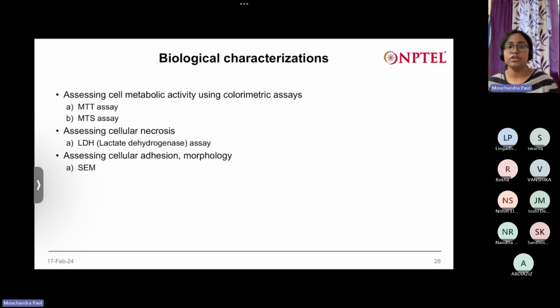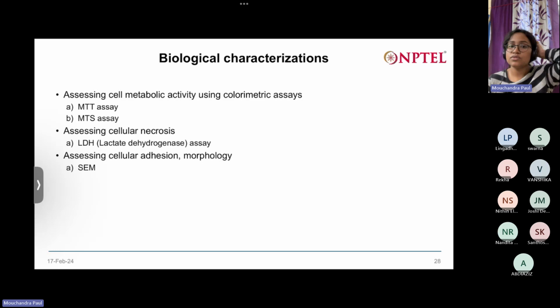So simply determining the metabolic activity of the cell gives us much more related information about the biocompatibility of a biomaterial. So how do we determine cell metabolic activity? We use colorimetric assays. Two are mentioned here, MTT assay and MTS assay. In MTT assay, we use a salt, tetrazolium bromide. The long name is there, but it is tetrazolium bromide. In MTS also we use another type of salt.